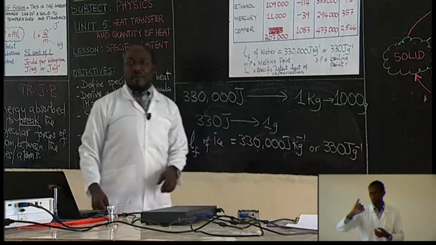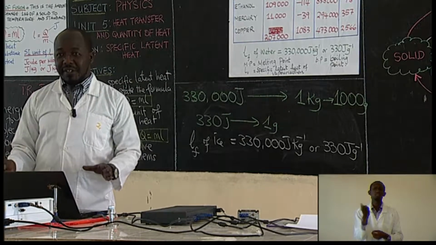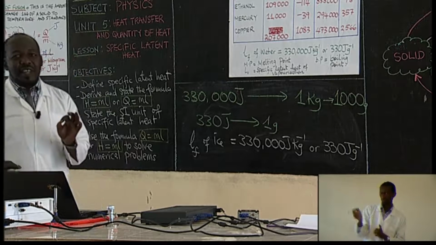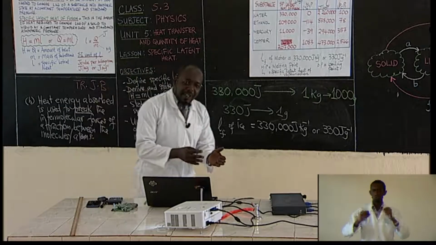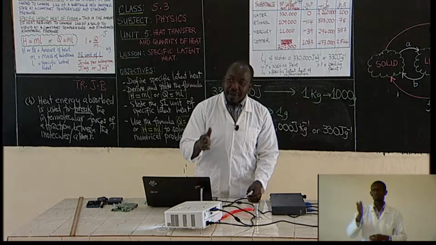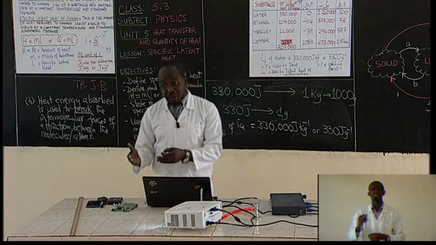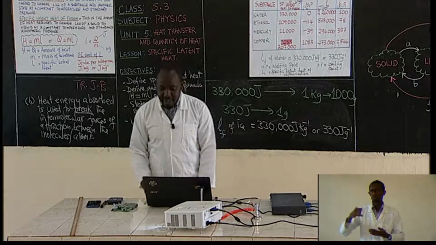For every gram. That is what that statement means. And I need you to get that very nicely. You can get the specific latent heat in terms of joules per kilogram, but also in terms of joules per gram. I hope that is understood there.